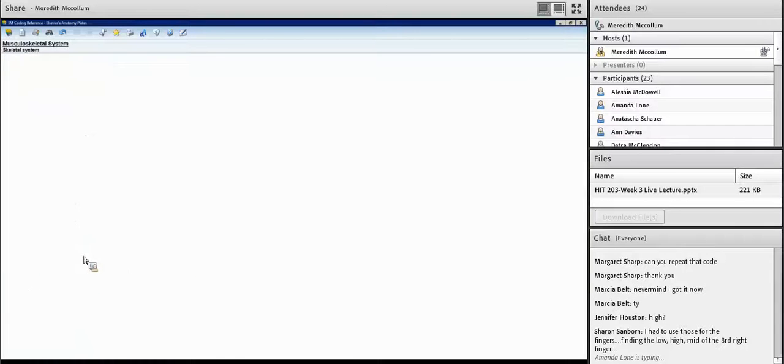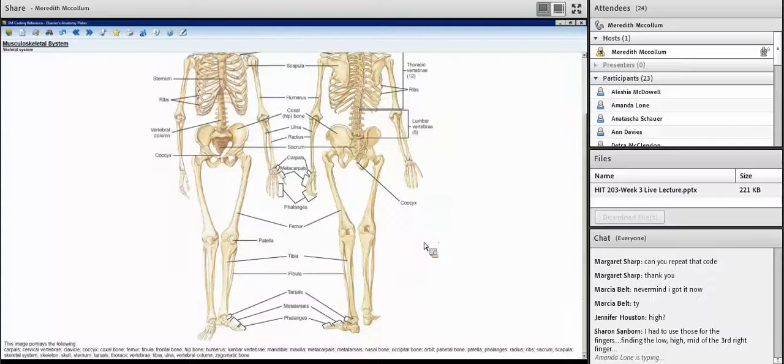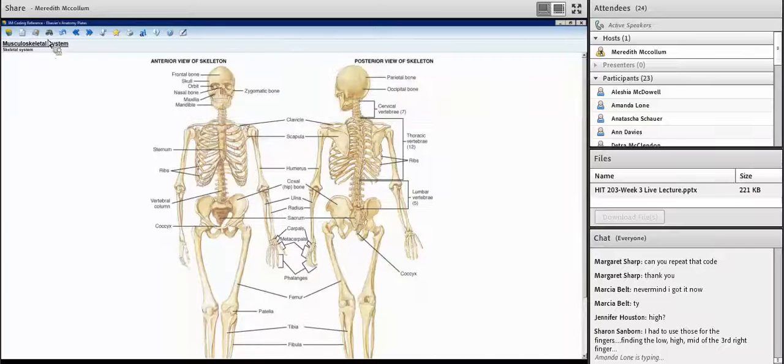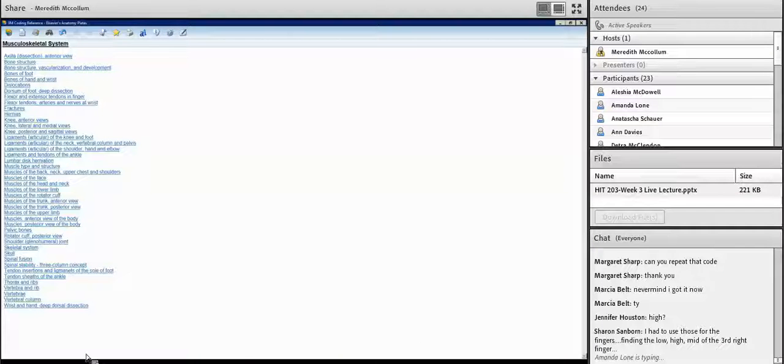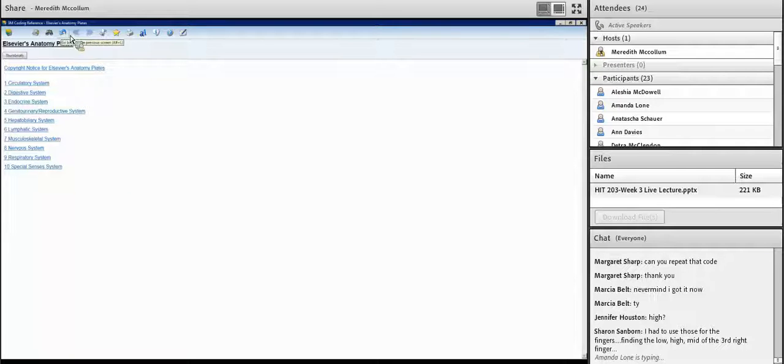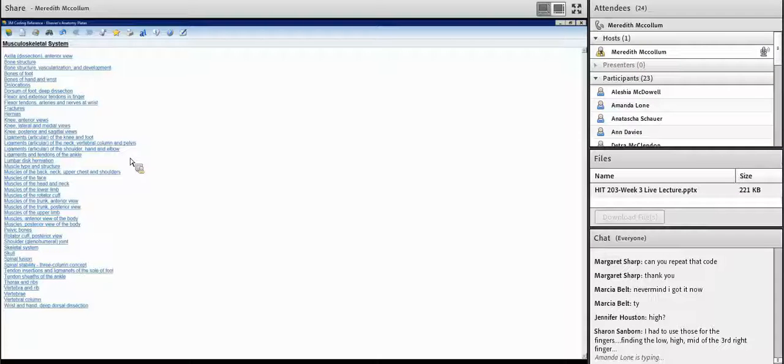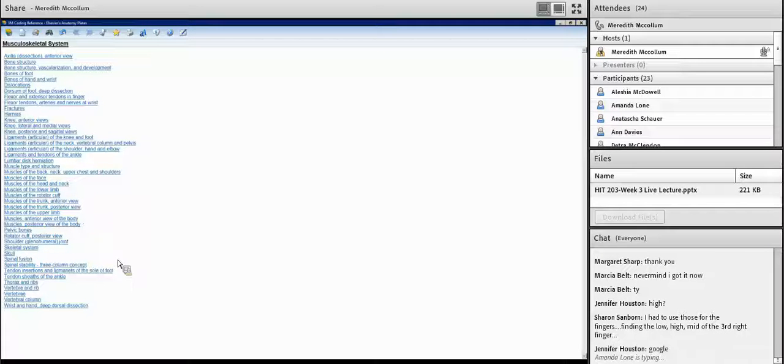Oh, here, the skeletal system. It's not going to show me there. Let me go back again. Okay, I proved myself wrong in this case because it doesn't have the, yeah, that's what I was getting ready to do, Jennifer.